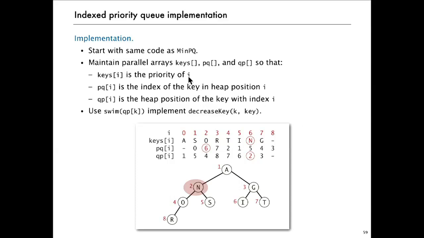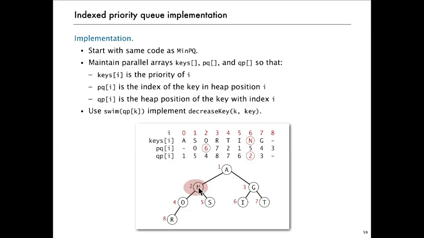So the things on the queue are accessed by index, and so we'll keep the values in keys, so that's where the keys are. pq[i] will give the index of the key that's in heap position i, and qp[i] is the heap position of the key with index i. So that is the information that you need when the client changes a value.